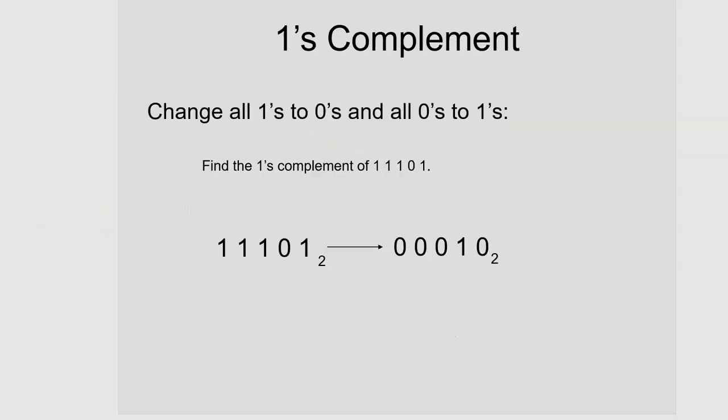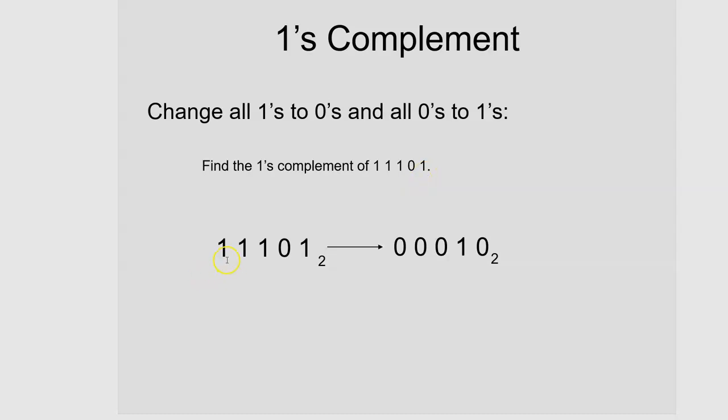Another way to represent a negative number is called a complement, a ones complement. And ones complements are really simple. All you do with a ones complement is you flip the bits. So, for example, if I have the binary number 1, 1, 1, 0, 1, and I want to find the ones complement of it, all I do is flip the bits.